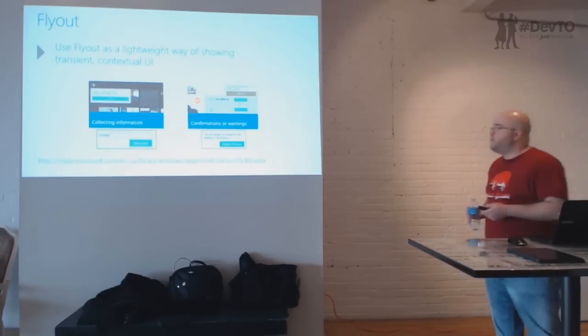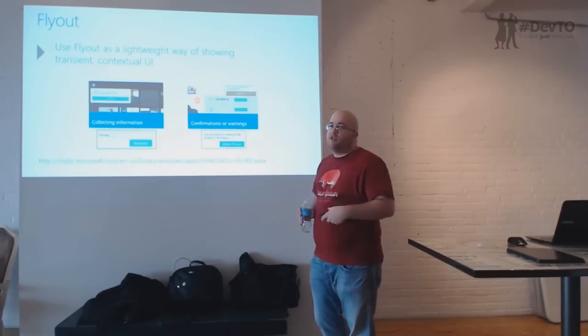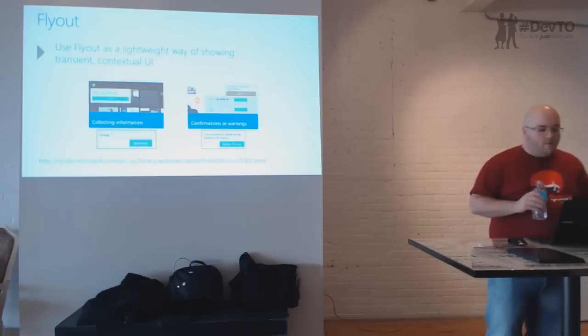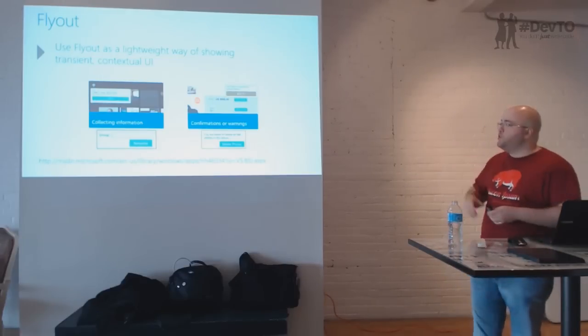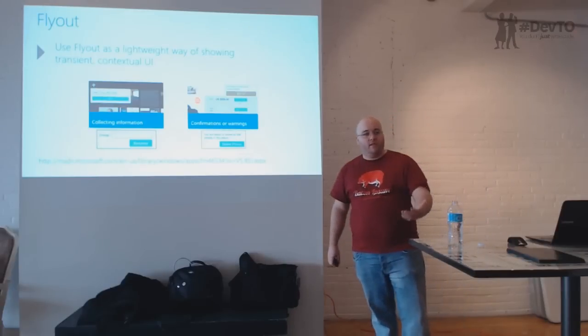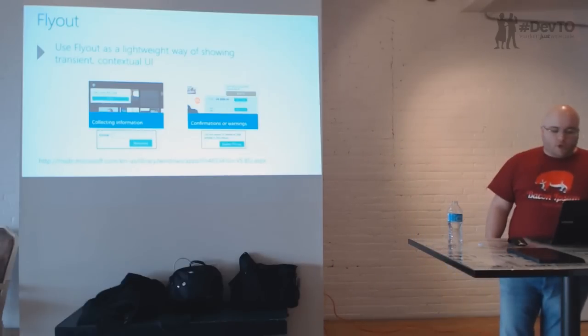Another option that you can use by using the WinJS library, I told you you're going to have some controls that are part of the libraries. One of the things is the flyout. The flyout is what you use, like when you saw in the weather application, a kind of pop-up. It's already there for you. It's going to be contextual to something. So you're going to be in your app.